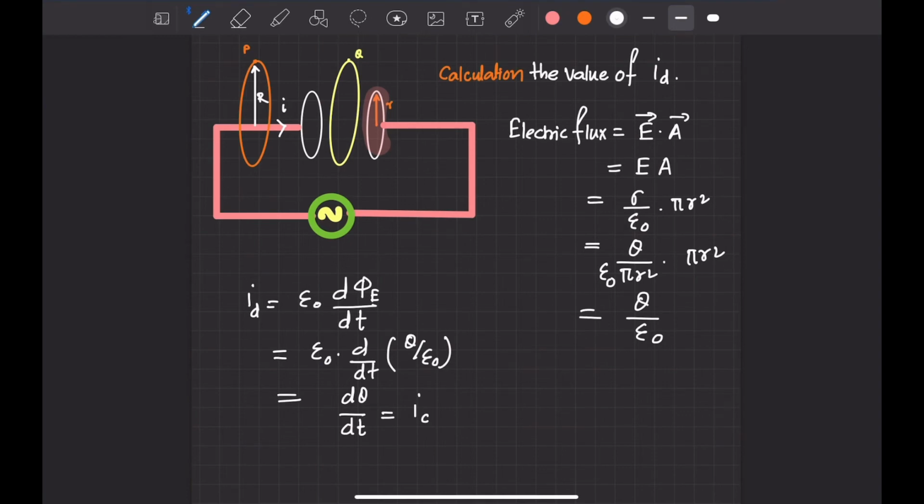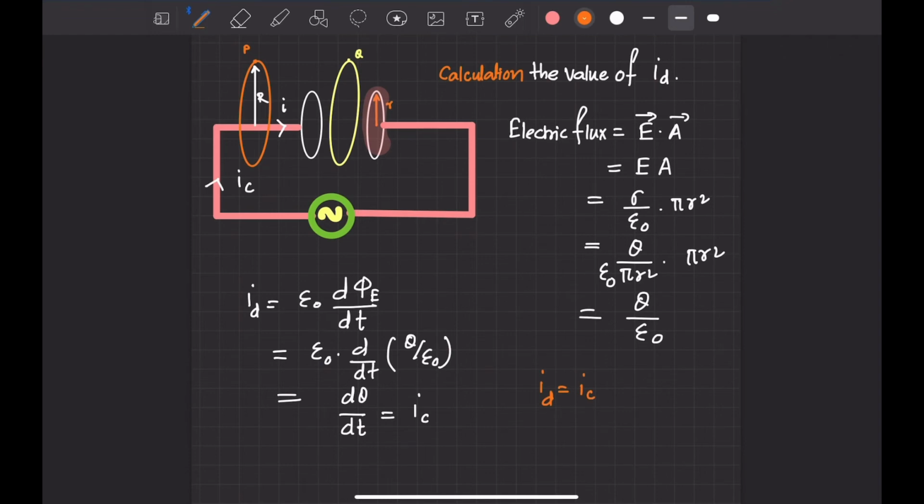Why? Because here the IC is flowing, and the rate of conduction current will decide the accumulation of charge, or the rate of change of charge on the plate of the capacitor, right? So definitely that should be IC. So here we have proved one simple fact, that ID is numerically equal to IC.